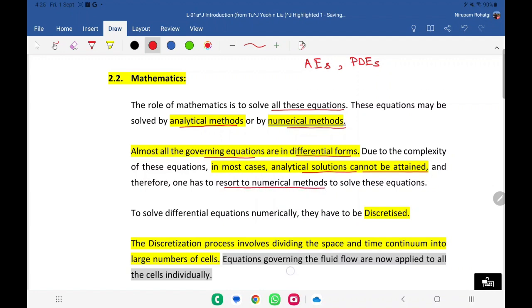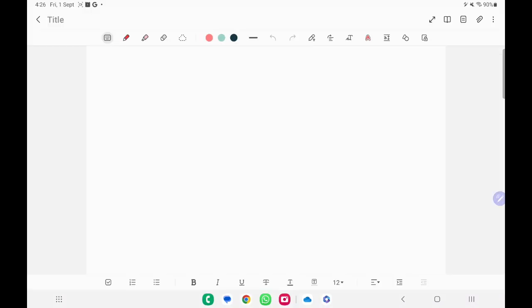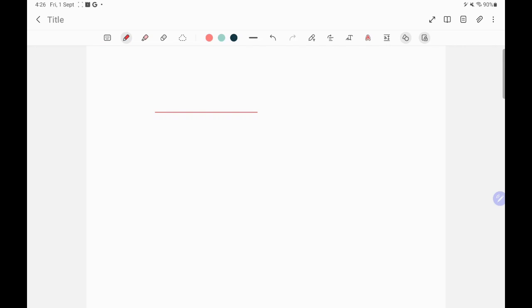Now to solve these differential equations, you have to discretize the domain as well as the equation. I was telling you that you have to discretize the thing, numerical solution. Discretization means that you have a domain, so you have a domain like this.